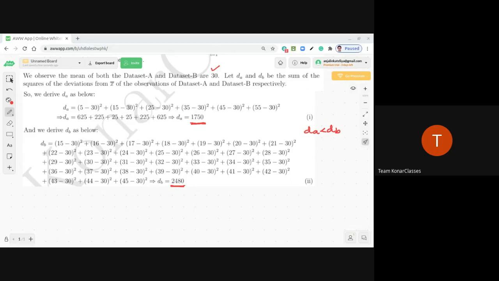But dear students, if we plot the observations of both dataset A and dataset B on the number line, we will get some other conclusion. Let me show you how it looks if you plot the dataset on the number line. Let me first plot it and then explain further.